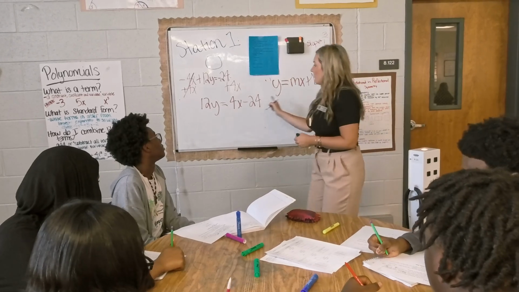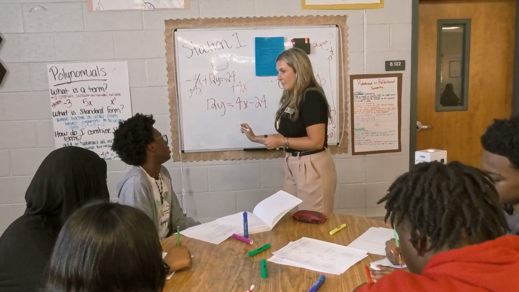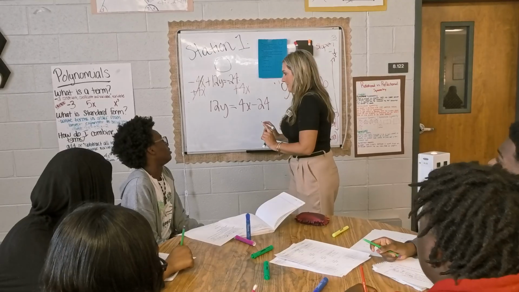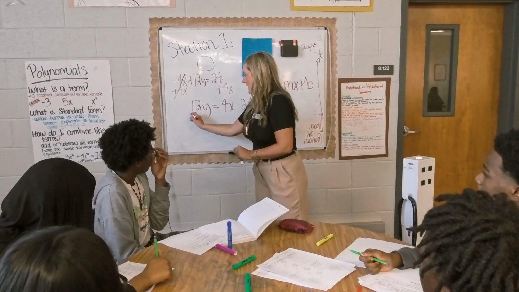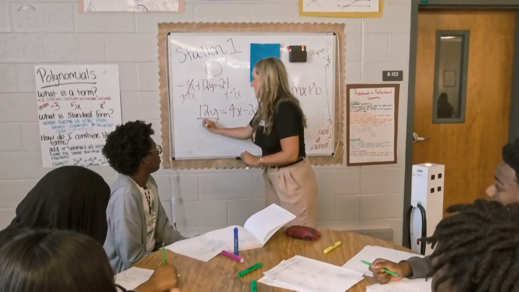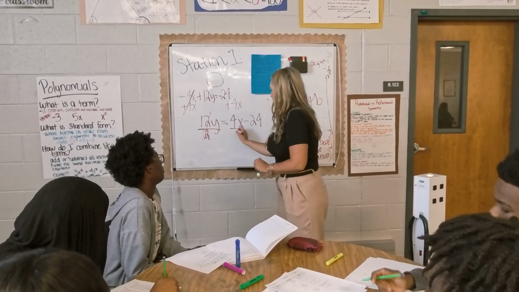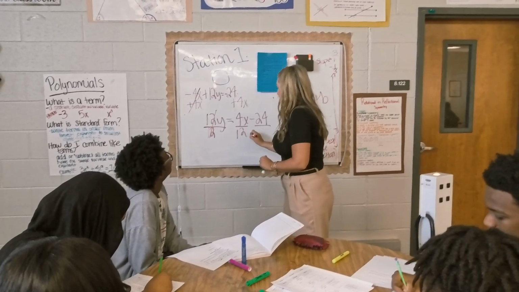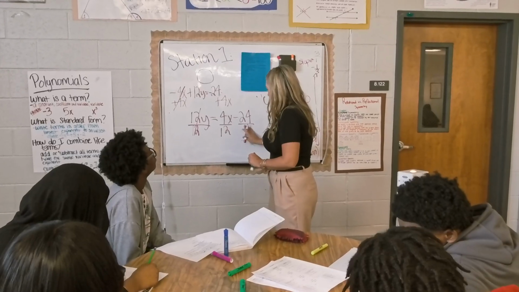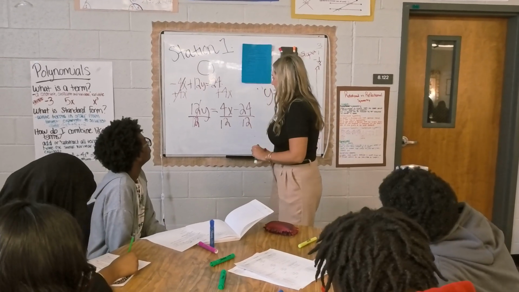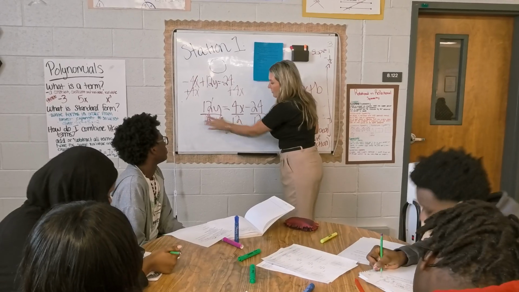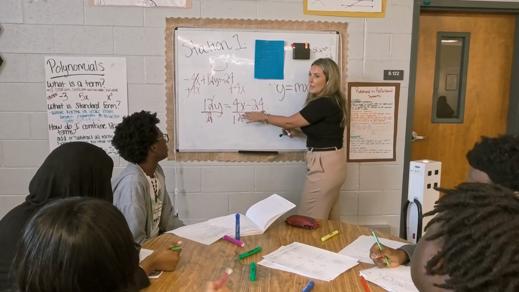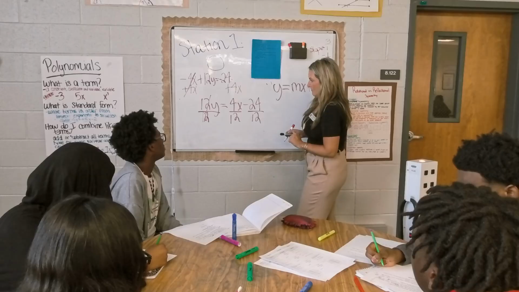So then how do I get rid of the 12? And you're going to divide both of the terms because we're dividing this entire side by 12. So this whole side has to be divided by 12 again. Okay.